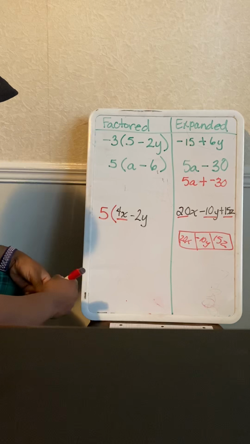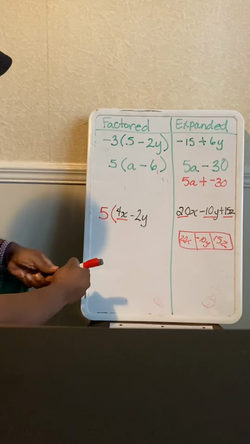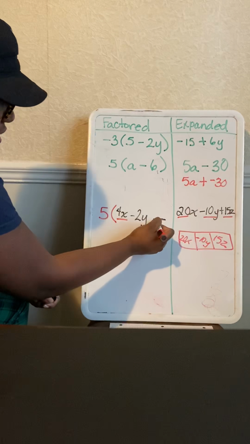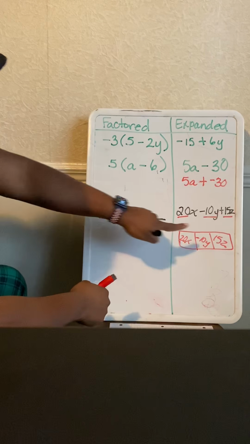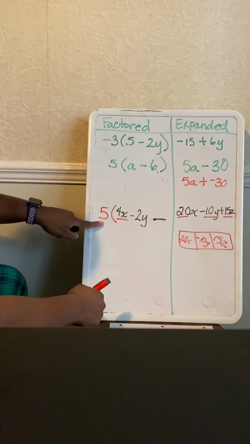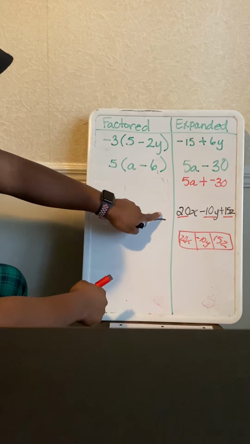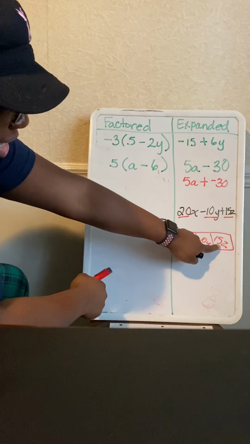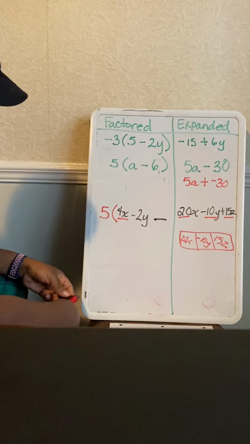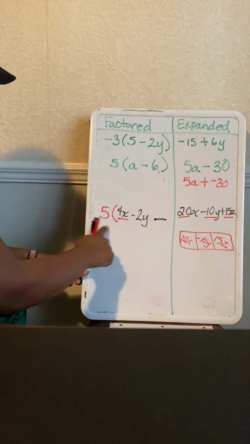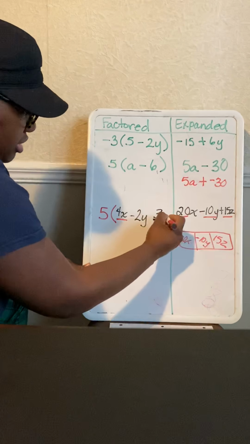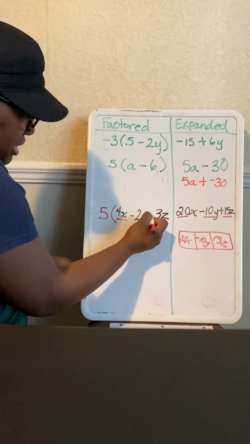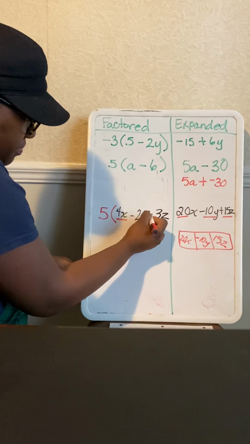And then thinking again, 5 times what is going to give me 15z. Well, it's positive 15z, and a positive multiplied by a positive is going to give me a positive. I'm thinking about what number multiplied by 5 will give me 15, and that number would be 3. So it's going to be 3z. And my sign right here is going to be plus.